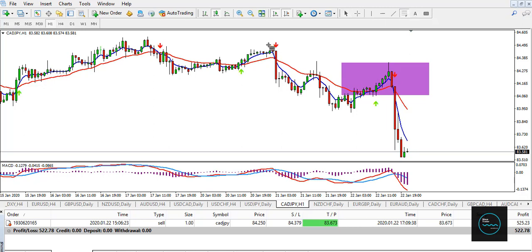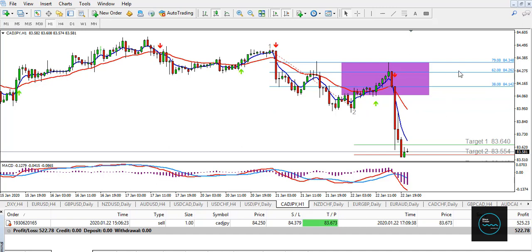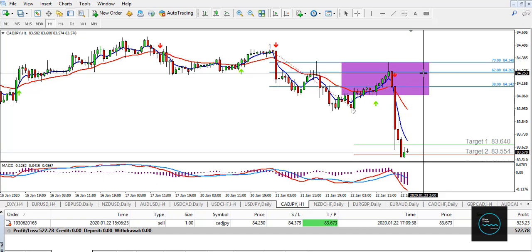I took the Fibonacci from here to this region, and you can see where the 62% region was. I placed a sell limit here. The 62% is 84.26, but you can see the price that I entered below, 84.25. So I was just 1 pip shy.